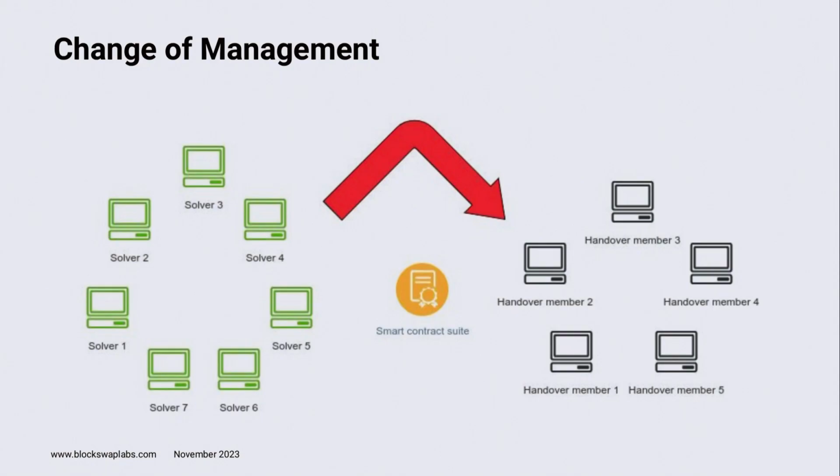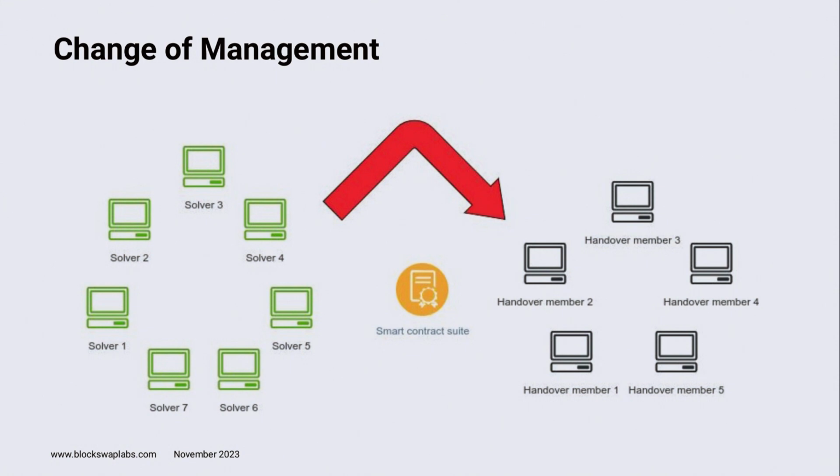It's another protocol. You can treat it as a kind of tree management. Imagine you had some set of solvers, and then you just replace them with another set. Part of them could be the previous solvers. It actually doesn't matter.